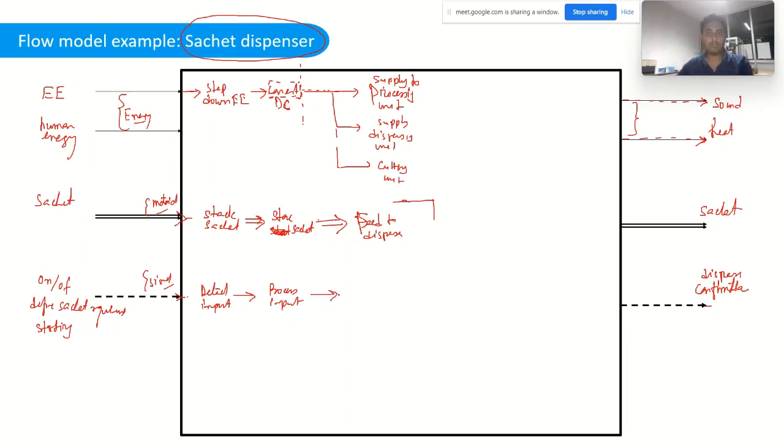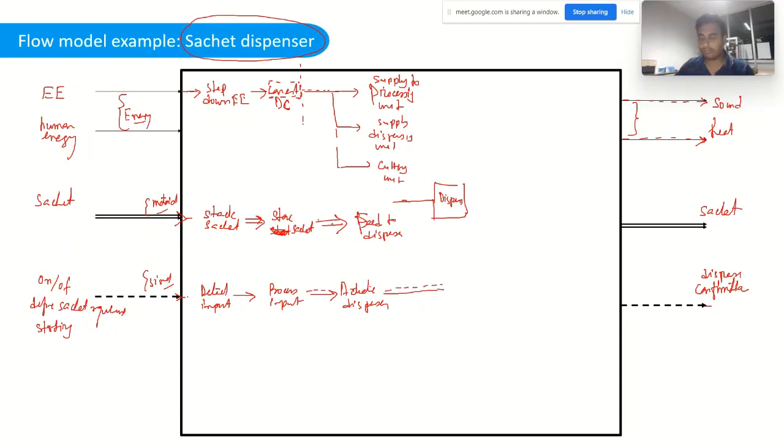Then we actuate, probably the dispenser. Now see the relationship it is trying to establish. This particular input is actuating the dispenser. So there is a dispenser, and this particular thing is actuating. Oh, sorry, this needs to be a signal.